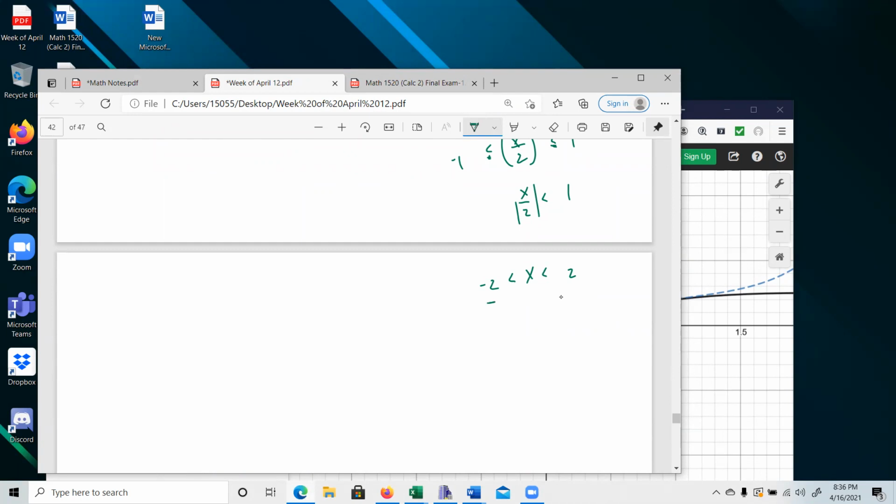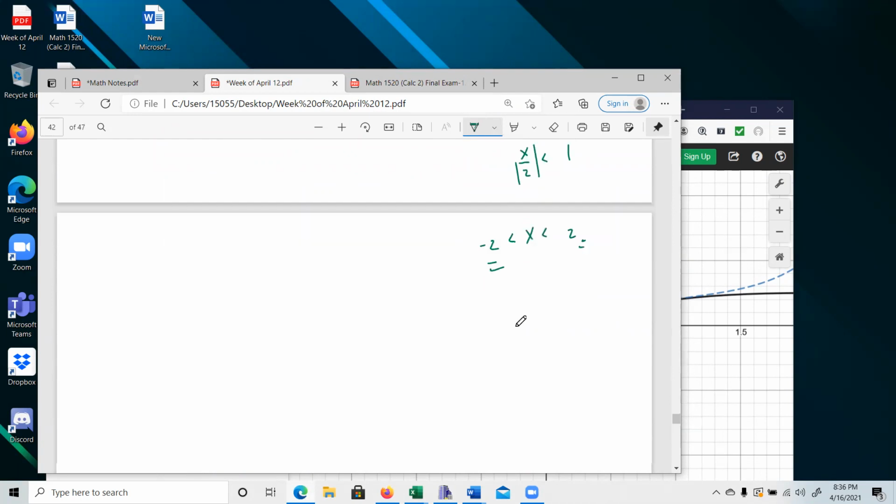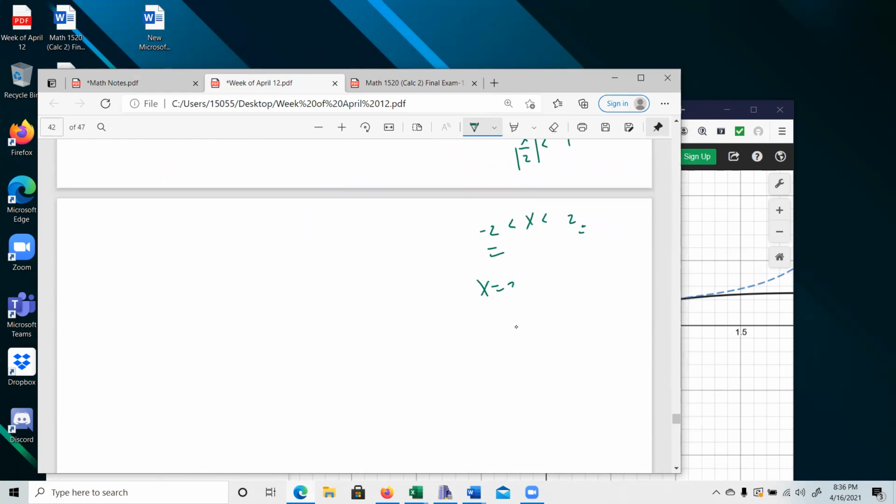But you still have to test your endpoints. So I'm going to go ahead and test x equals negative 2. Let's go back to my original series. We had a negative 1 to the n, and we had an x squared over 4 raised to the n. Plug in negative 2. So we have negative 2 over 4.